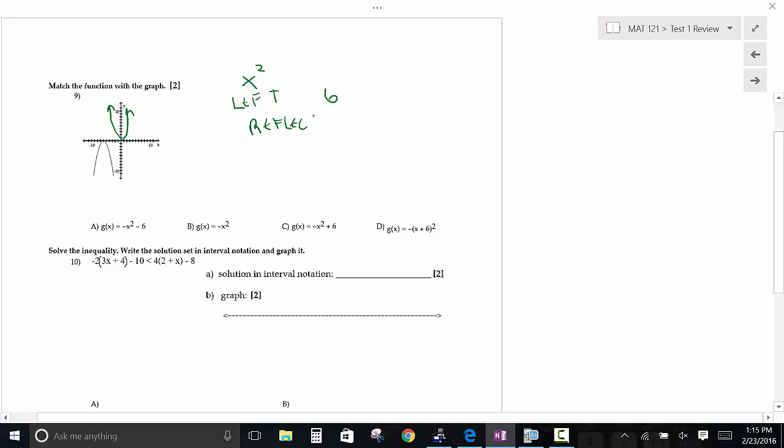So in the transformations that we learned, if you make something go to the left 6, you've got to do plus 6 inside the parentheses, like we learned. Now, how do you make it reflect? You put a negative in front, okay? So that would mean the answer choice on that is going to be like that. So this is just kind of the different things that we learned about transformations, okay?